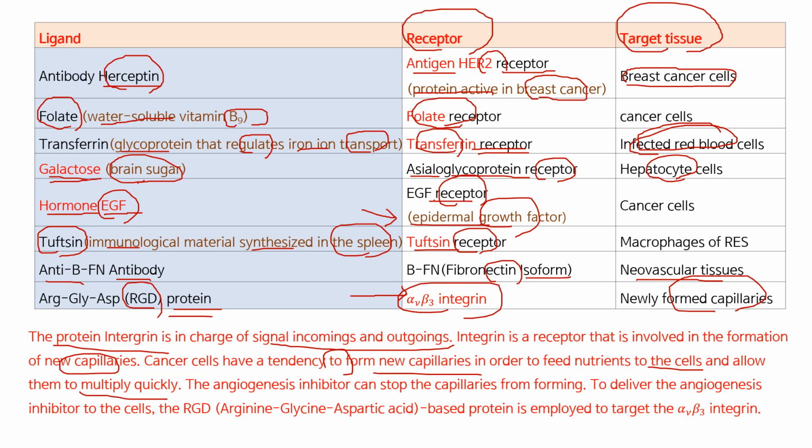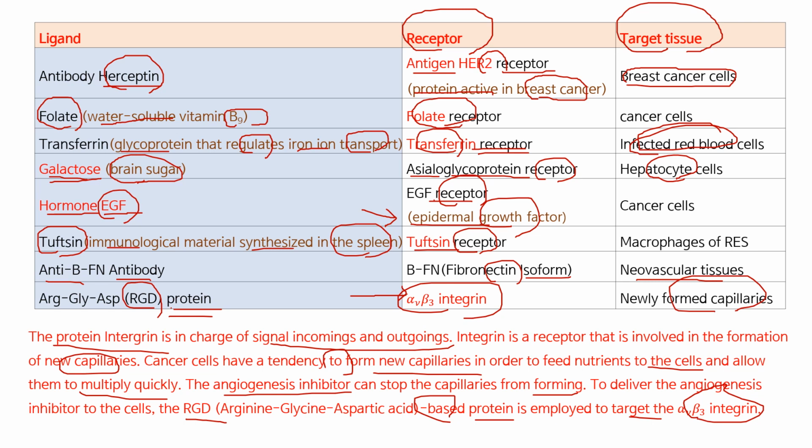The angiogenesis inhibitor can stop the capillaries from forming. To deliver the angiogenesis inhibitor to the cells, the RGD-based protein is employed to target the alpha v beta 3 integrin.